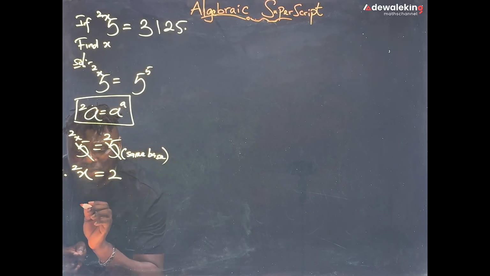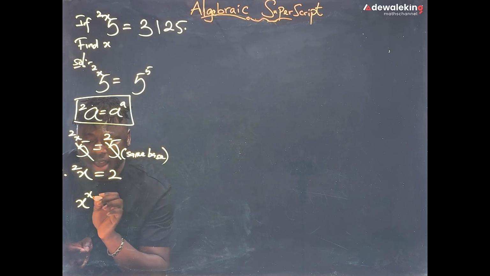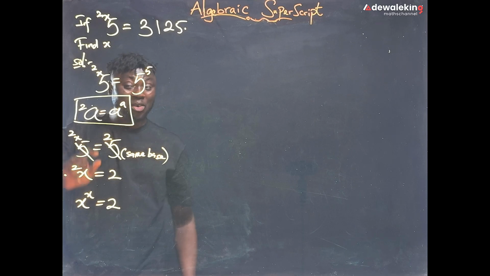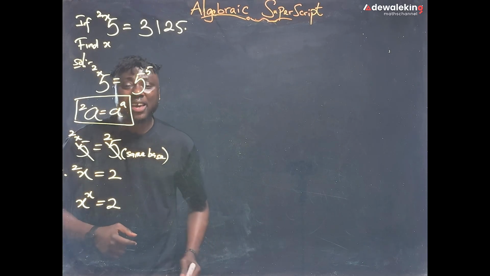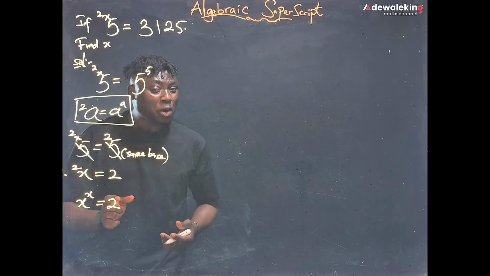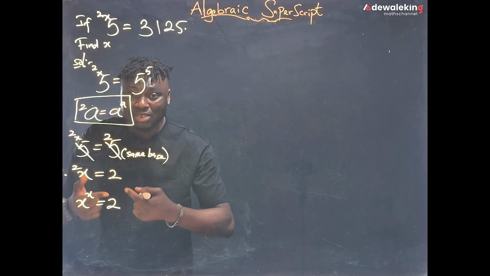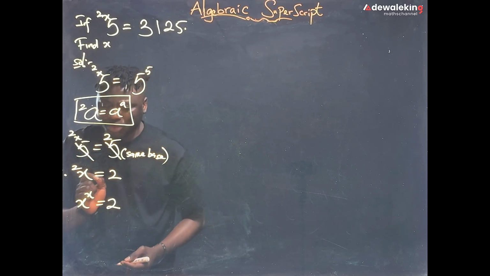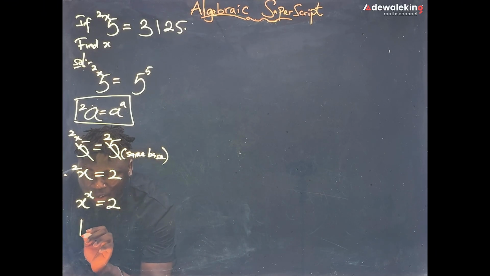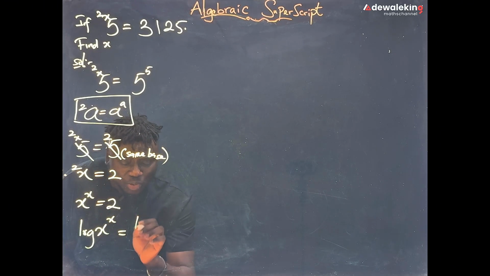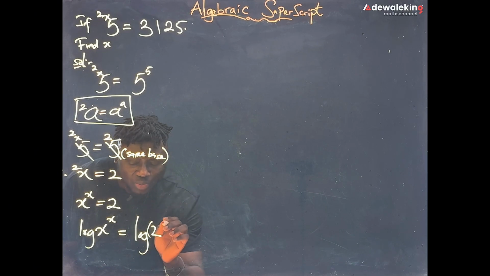So this will be x raised to power x, which is equal to 2. From here, we can apply natural logarithm or common logarithm to move this solution forward. So we can say log of x raised to power x is equal to log 2.